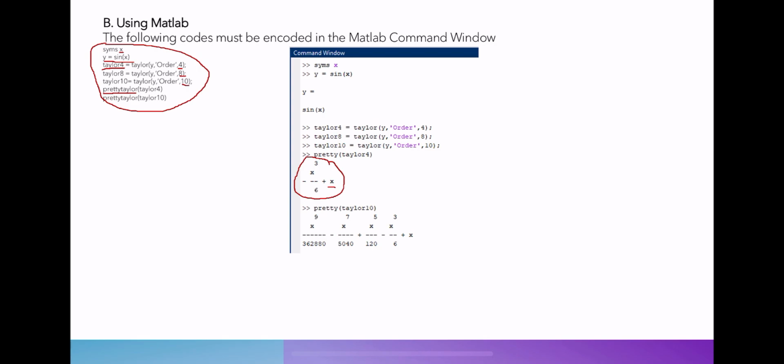Let's recap, that is 0.866025438. Now let's substitute pi over 3, because it was mentioned there that x is equal to pi over 3, into this expansion. Let's check if we will arrive at the answer of 0.866025438. Let's try to plug it in our calculator.